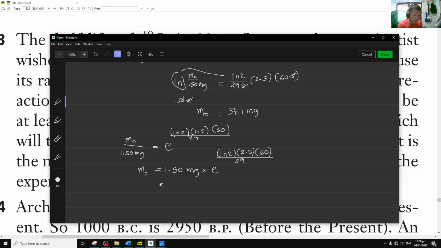So I guess it will give us an exact number. 1.50 times e, then parenthesis: ln 2 times 2.5 times 60 all over 29. And it will give me 54.1, in terms of milligram.